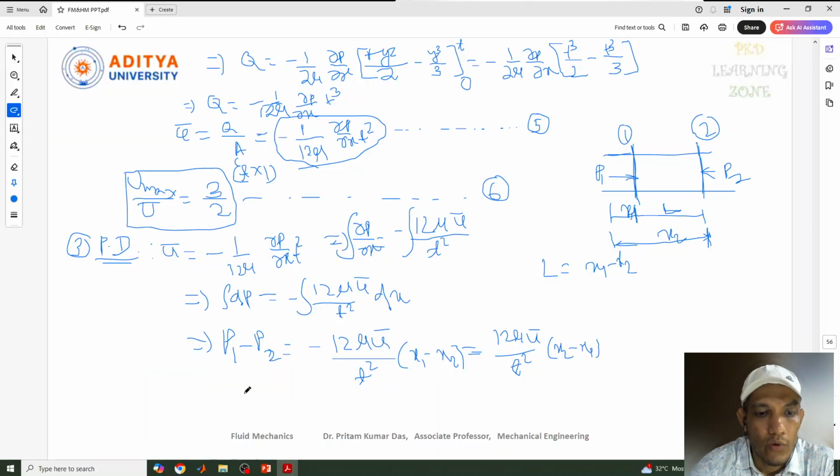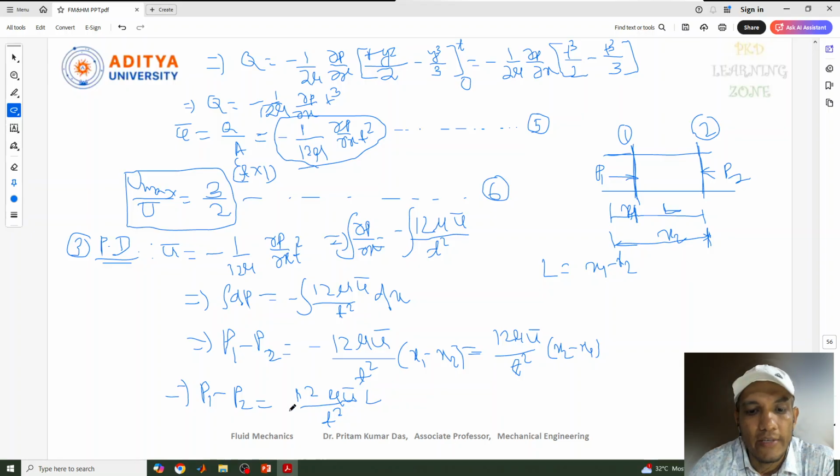So this value I can write in this way: P1 minus P2 equal to 12 mu u bar divided by T square into L. So this is the pressure difference in these two different sections.